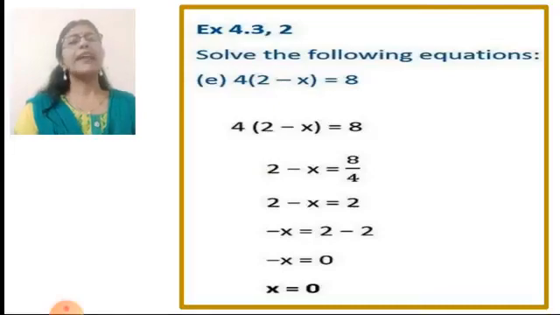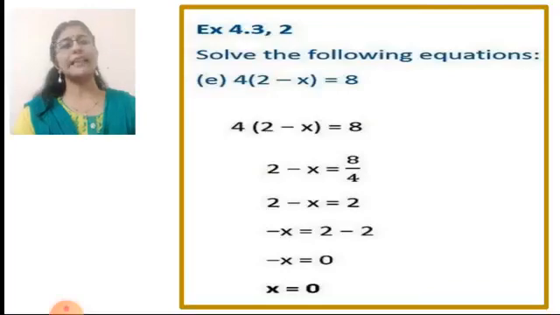Now we want to find out the value of the variable, and the variable has a minus sign. So we will write as it is, minus x is equal to, now 2 is positive on the left hand side. You can see here 2 minus x. This 2 is positive. Now we will transpose it to the right hand side. So then this positive 2 will become negative 2.